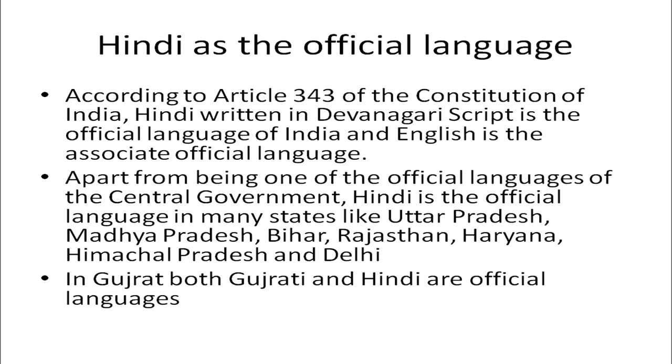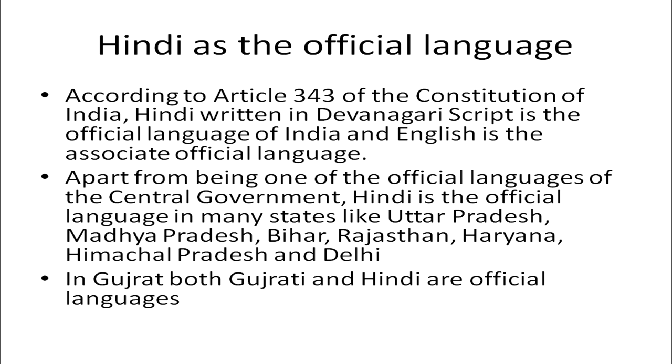Hindi in India. Apart from being one of the official languages of the central government, Hindi is the official language in many other states also, like Uttar Pradesh, Madhya Pradesh, Bihar, Rajasthan, Haryana, Himachal Pradesh and Delhi. In Gujarat, you see there is a situation where Gujarati and Hindi both are considered to be the official languages.